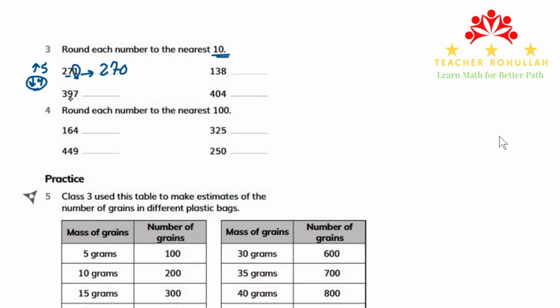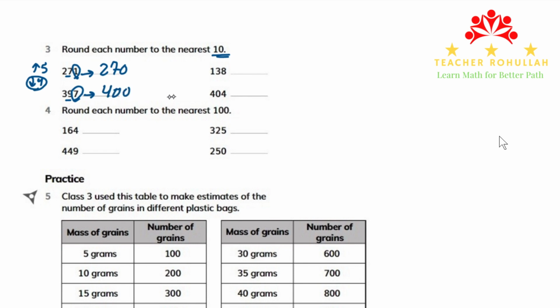In the second number, we have 397. Again, we underline the digit in the tens place and circle the digit in the ones place. 7 is 5 or more, so the number rounds up. When it rounds up, we increase the underlined digit by 1. 9 increased by 1 will be 10. And the number that we get after rounding is 400.